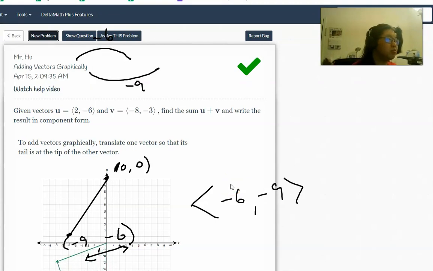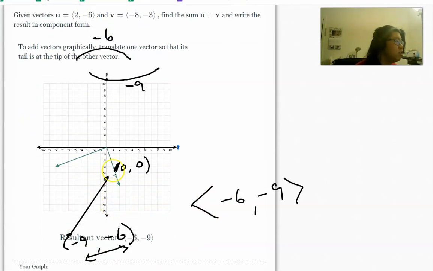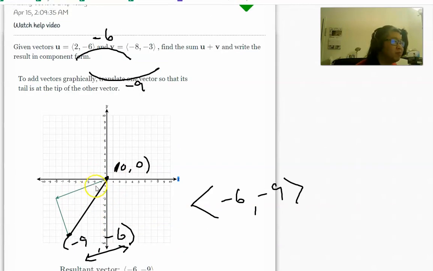Nice, easy peasy, right? And you can kind of see the visualization of the movement here. And you can do that the other way too. We could have moved this one out here and had the same thing happen, right? The beauty of vectors.